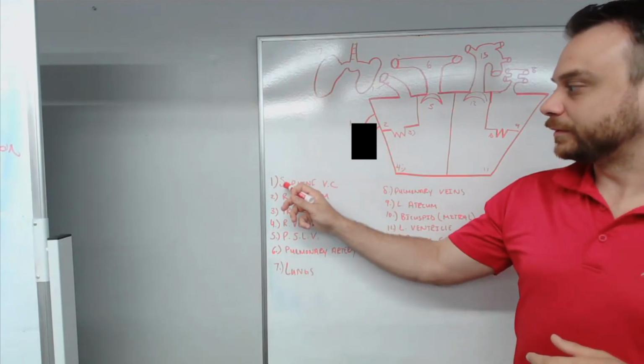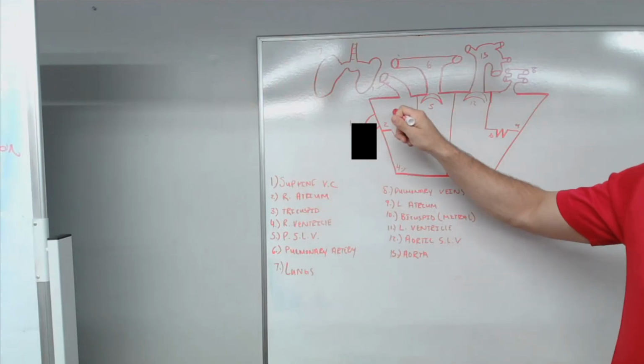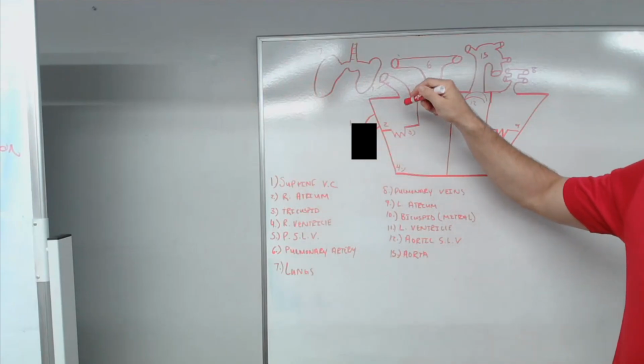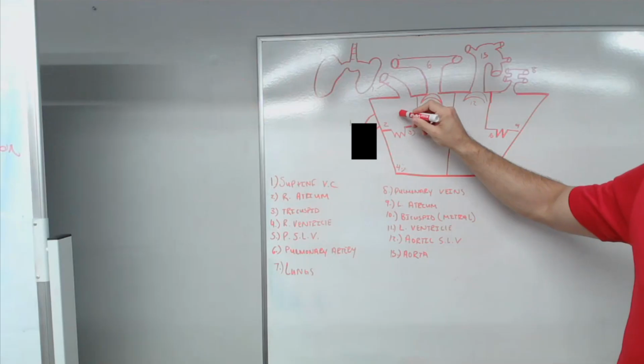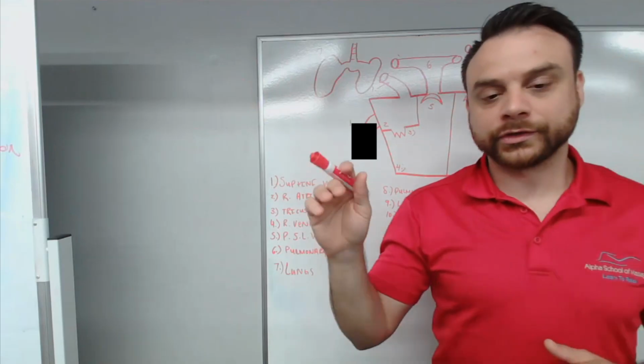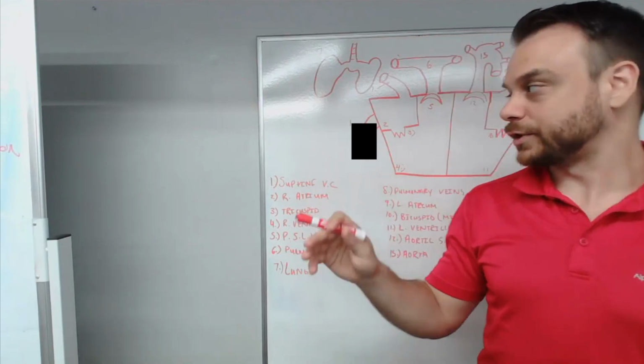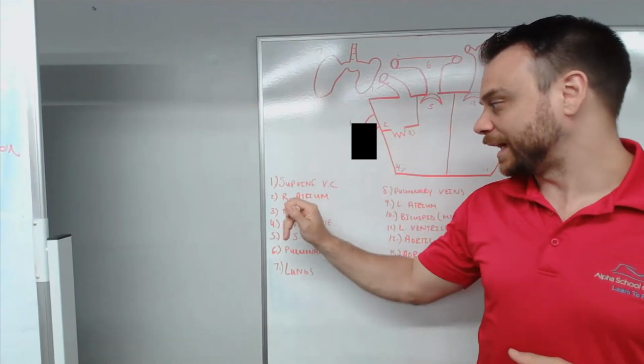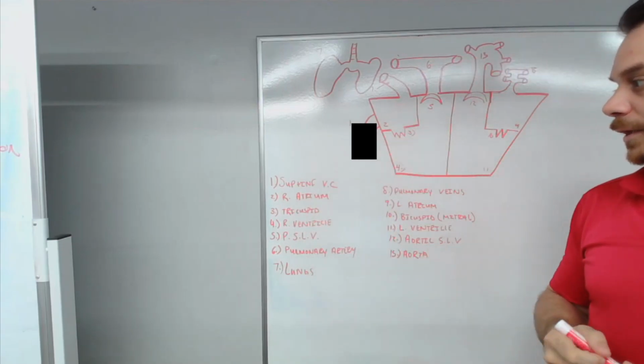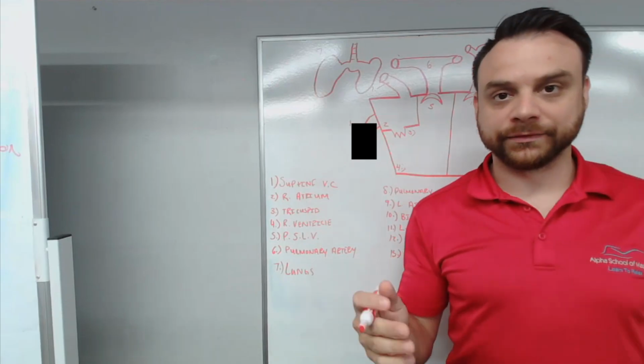And so once this blood goes through the superior or inferior vena cava, it's going to enter the first superior chamber, which is on the right side. So we have the right atrium right here. Then, as we said, we had valves.